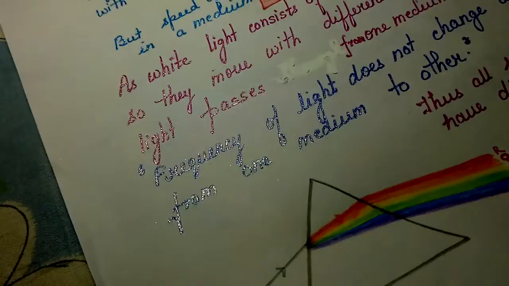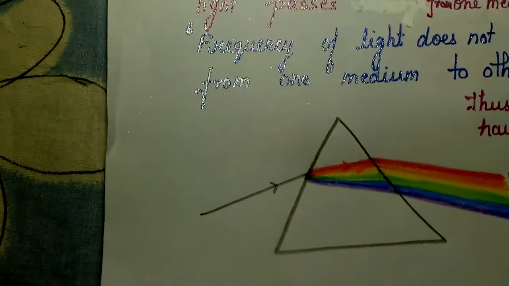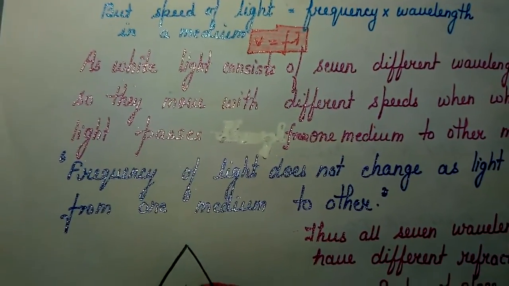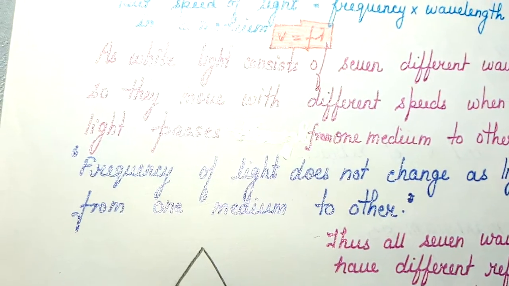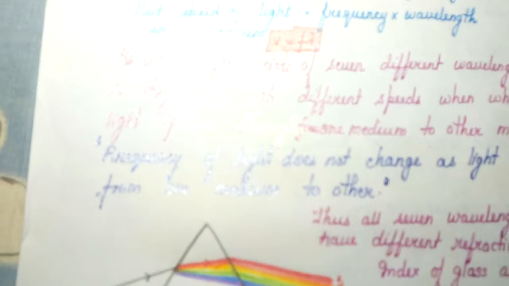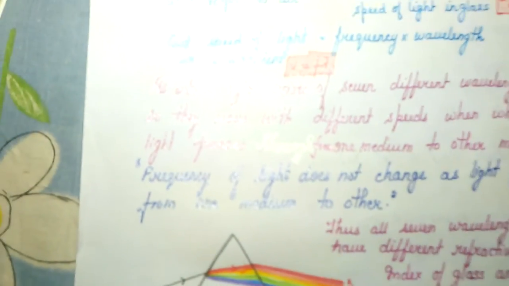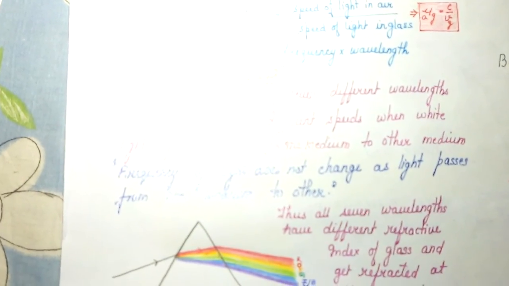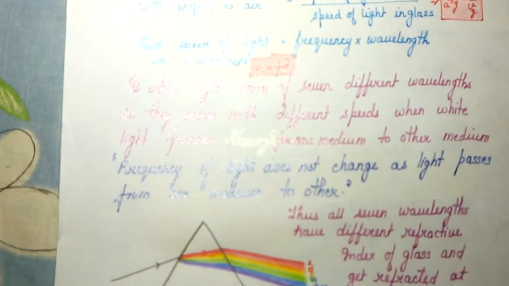All right, so let me have a better explanation of phenomena of dispersion, right? I have already made all the 7 colors here. You can see them.